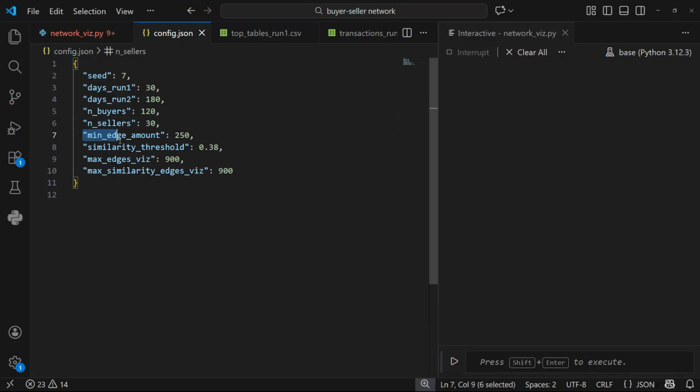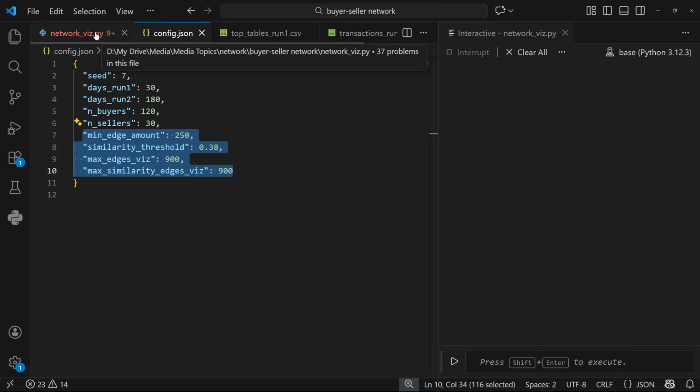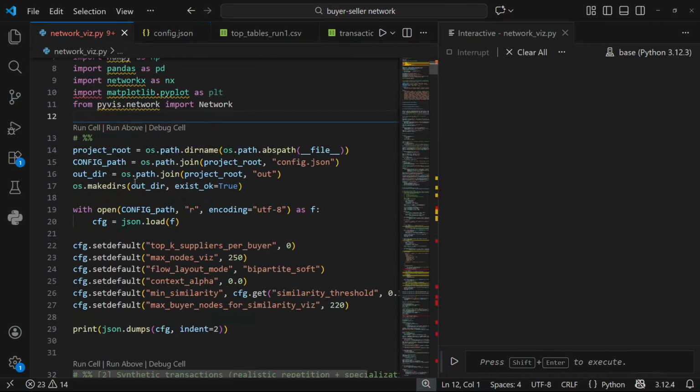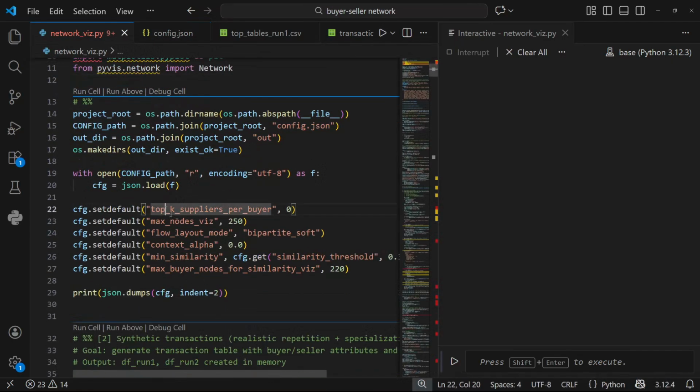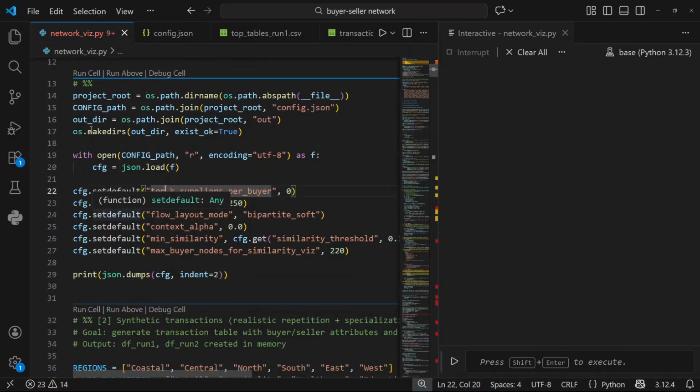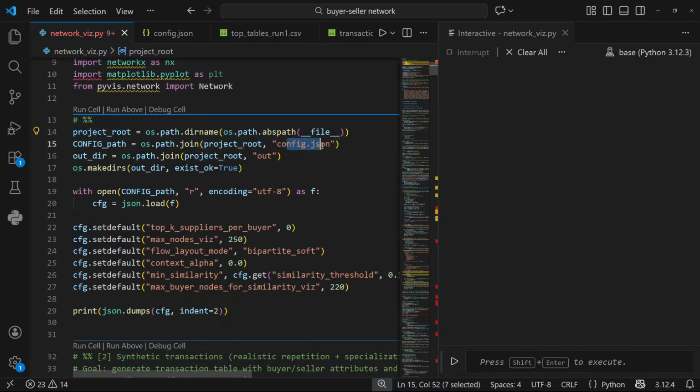And the rest are for visualization. It's the choice that for the final visualization, we want to have certain thresholds in terms of which nodes or edges we want to make visible or not, which I'm going to show you later on. And here we add those again. We have a couple of others, so that's where we define the config JSON that I will show you, and we built it in.